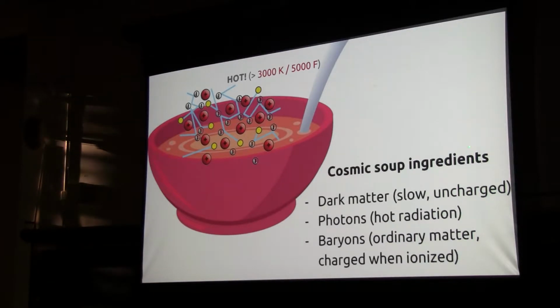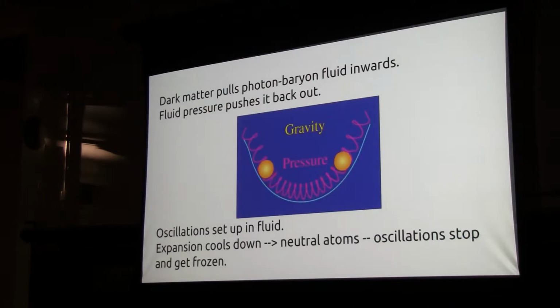These are probably uncharged particles, and they're extremely slow and sluggish. Then you have photons, the ones you eventually see as CMB light. They're hot radiation. And then you have what we call baryons, which are just the ordinary matter in the universe that makes up stars, planets, people, etc. This stuff is charged when it's ionized, and that's where the universe starts out, as a hot ionized plasma that consists of baryons, photons, and dark matter.